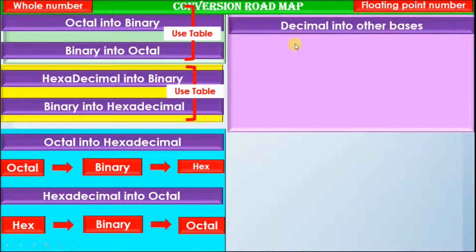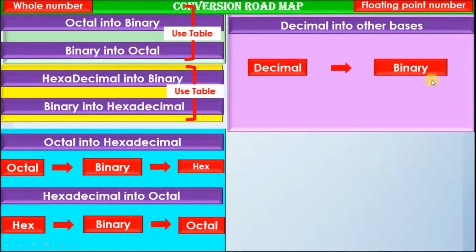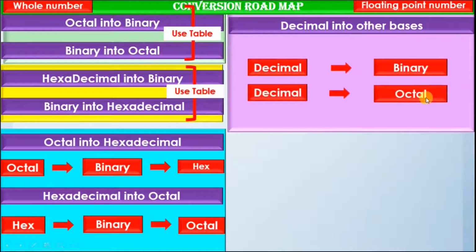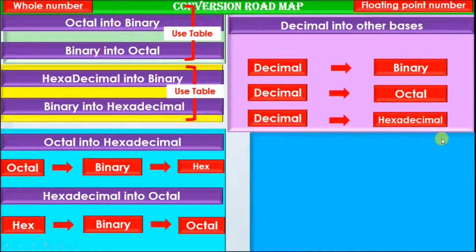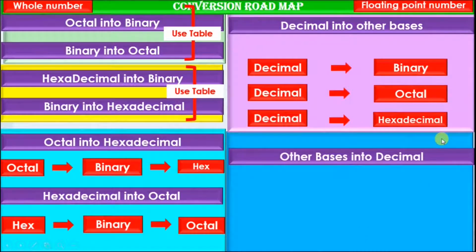Next, we will see how to convert a decimal number system into other bases. So we will see how to convert decimal into binary and then decimal into octal and then decimal into hexadecimal. Next, we will see how to convert other bases into decimal.